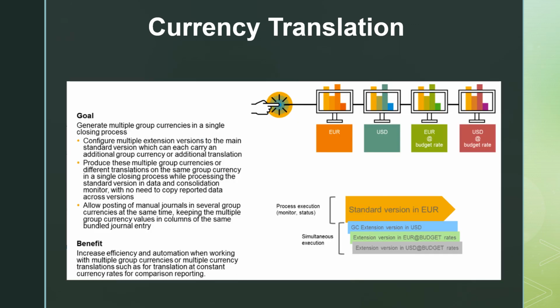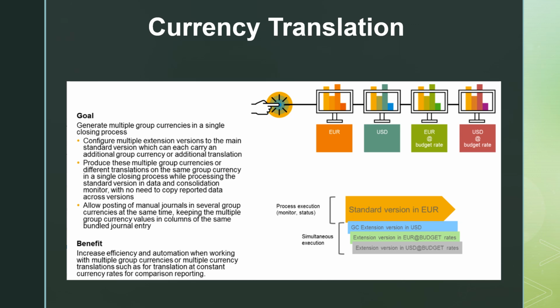There is increased consolidation efficiency and automation when working with multiple group currencies or multiple currency translations. For example, for translation at constant currency rates for comparison reporting, you can generate multiple group currencies in a single closing process and configure multiple extension versions to the main standard version, which can each carry an additional group currency or additional translation.